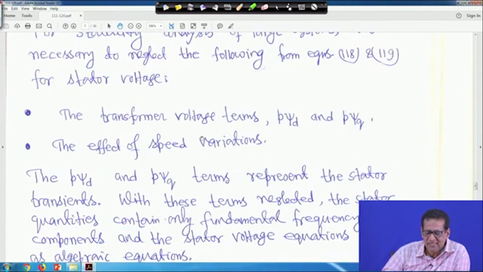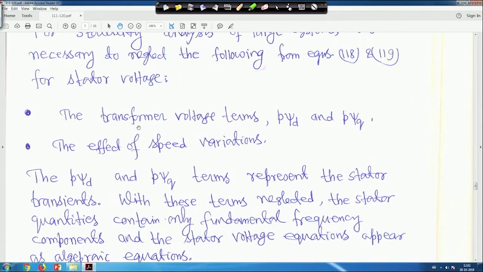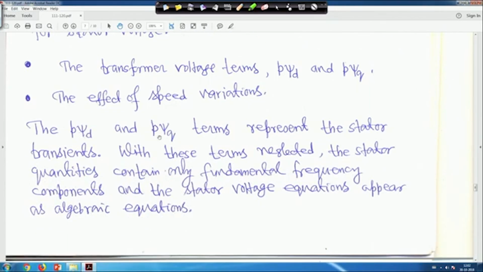So, you will keep those things in front of you and just see this. From equations 118 and 119 for stator voltage, it is necessary to neglect the following terms. The first is the transformer voltage terms P psi d, that is psi d dot, and P psi q, that is psi q dot; these will be dropped, and similarly the effect of speed variation will also be dropped. The P psi d and P psi q terms represent the stator transients.